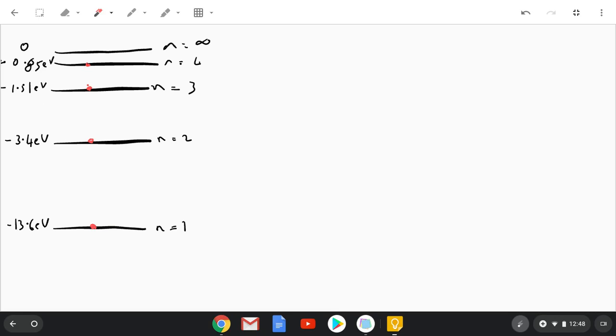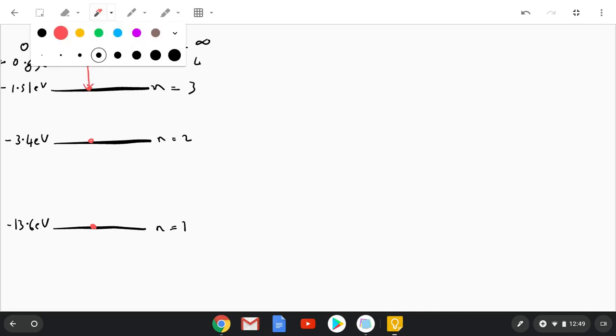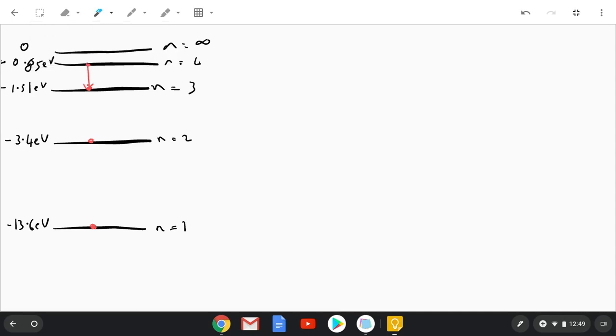What happens is that the electron could lose energy and end up moving down an energy level, moving from the 4th orbit to the 3rd orbit. The electron could also jump straight down from the 4th orbit to the 2nd orbit, but equally the electron could jump from the 4th orbit to the 1st orbit.